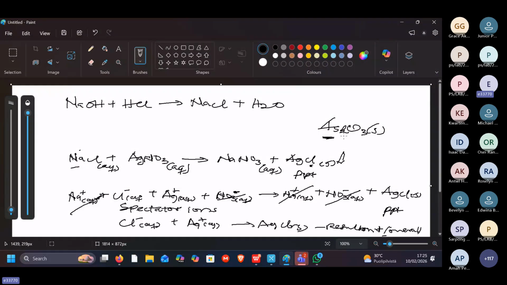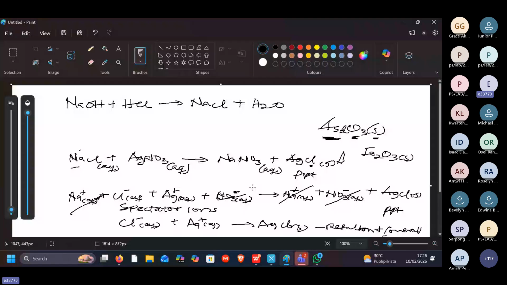So oxides of all the metals are going to be solid. For example, iron oxide is going to be solid. Aluminium oxide, bauxite, is going to be solid. So arsenic oxide is going to be solid.